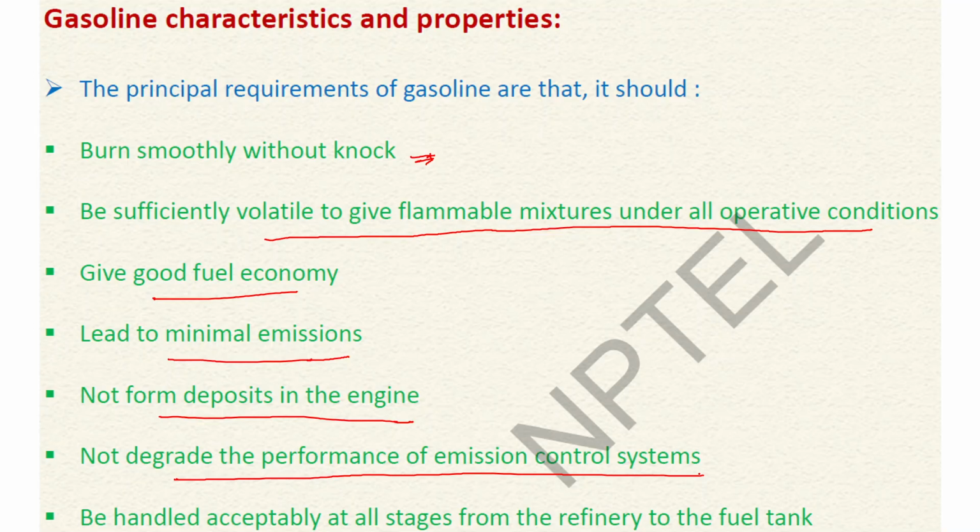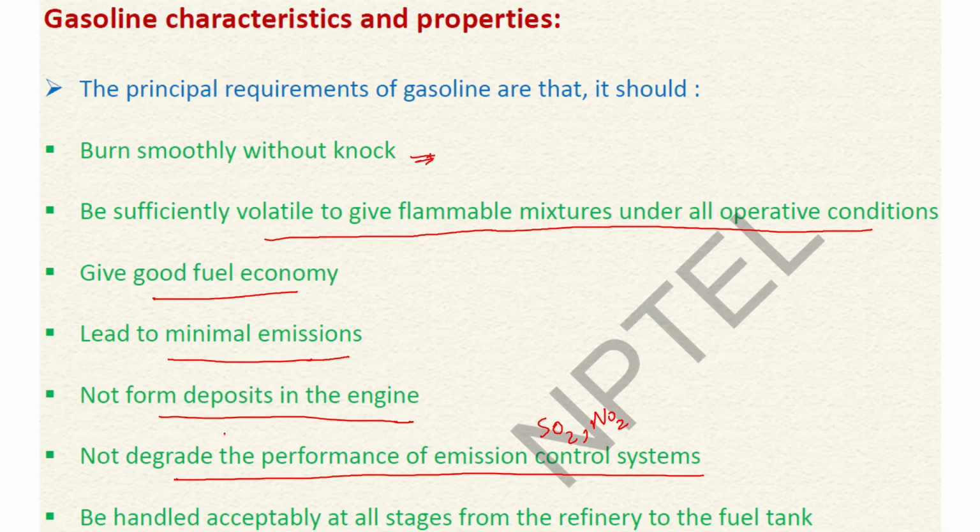Each engine consists of some kind of emission control system. So when this gasoline burns in the engine, flue gases are emitted out of the engine. If some amount of SO2 or NO2 gases are present, these emission control systems convert them into less harmful gases.